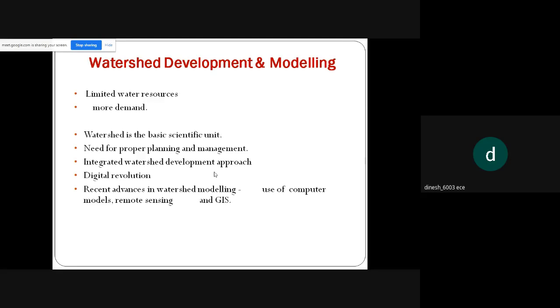We need to have a proper planning and management system. For that, an integrated watershed development approach is necessary. Nowadays, as the digital revolution has come up, advances in remote sensing and GIS, usage of computers and models are being applied for proper watershed management.